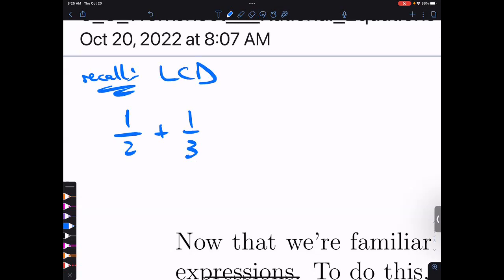If you're going to add them, you need to make them be the same kind of thing. You put them into a common unit. So we need to make the denominators the same. How do we do that? Multiply this by 3 and this by 2.